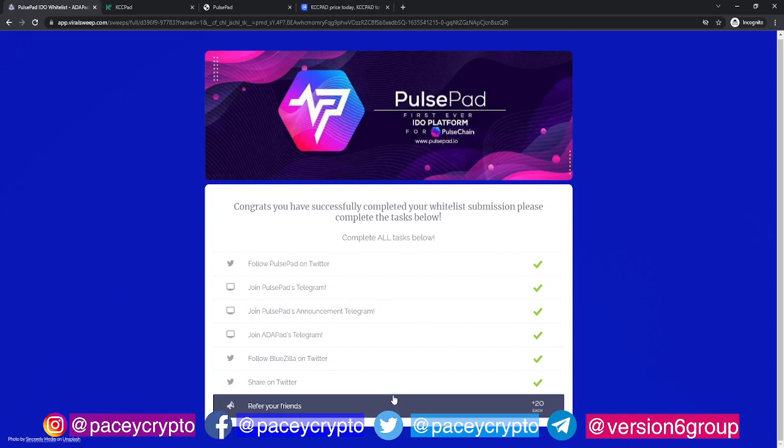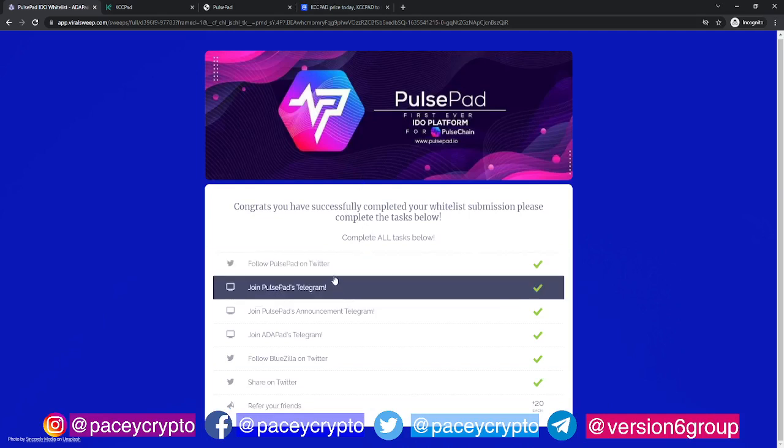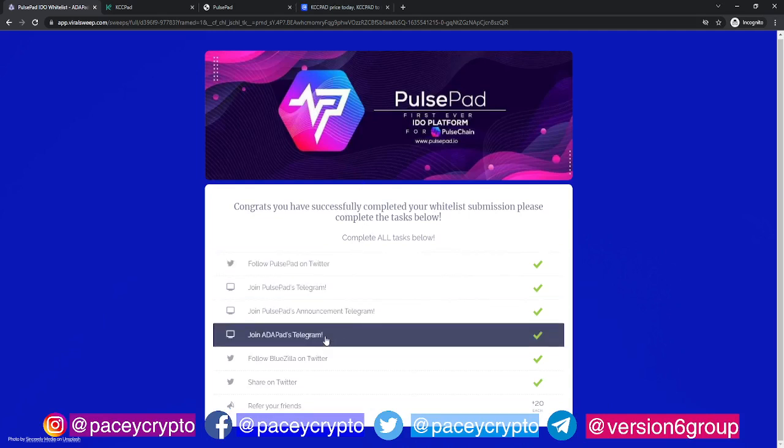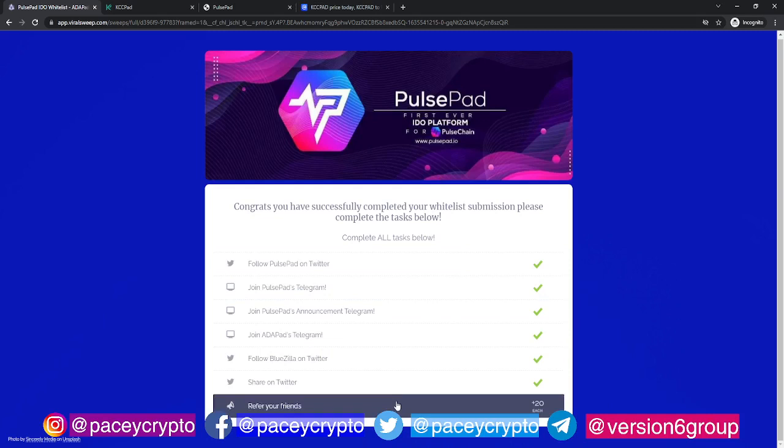So in order to qualify for the whitelist of PulsePad, you have to do all these steps again. You have to follow PulsePad, follow their Twitter, do all this stuff, and then refer people to this particular IDO to increase your lottery tickets. You have to build up your lottery tickets.